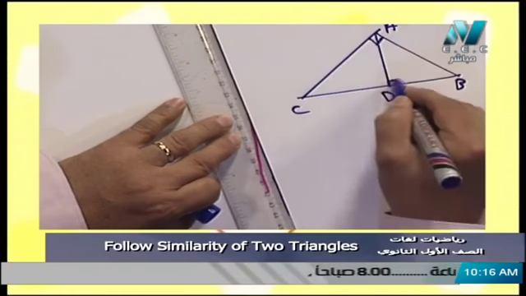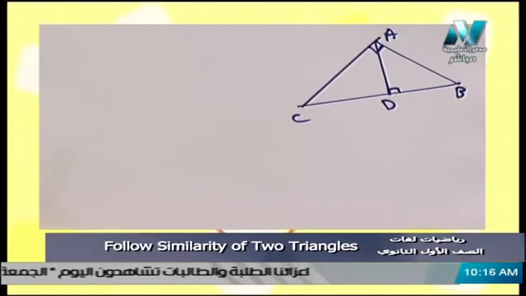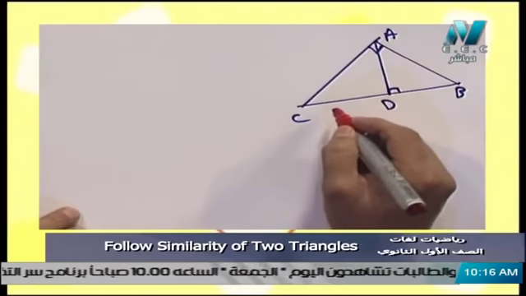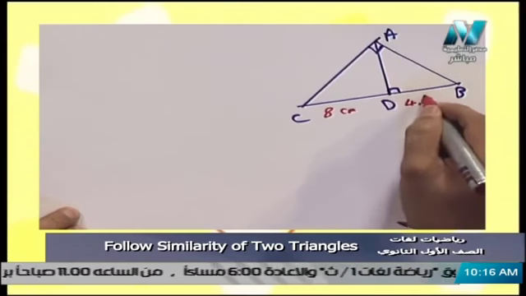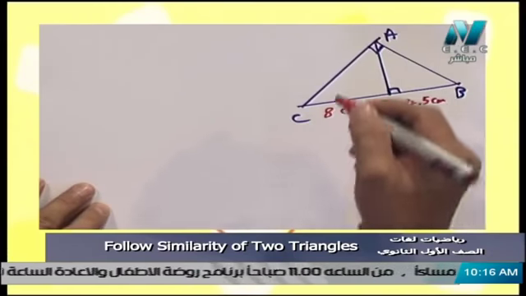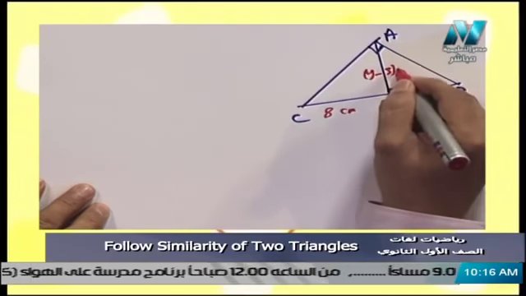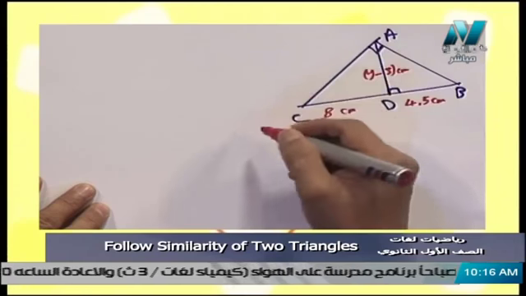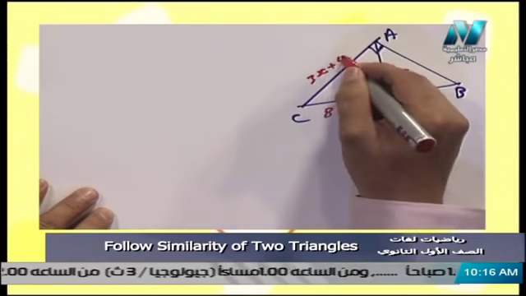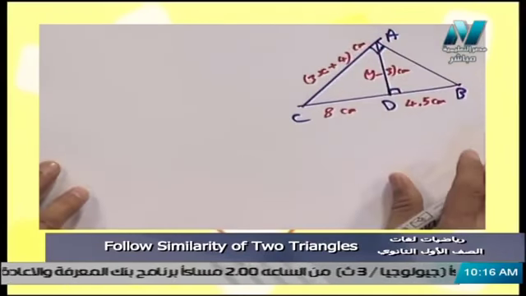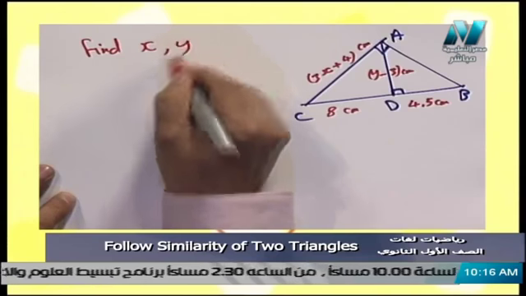Here CD is 8 centimeters in length and DB equals 4.5 centimeters, and AD is y minus 3 centimeters, and AC is 3x plus 4 centimeters. The requirement is to find the values of x and y.